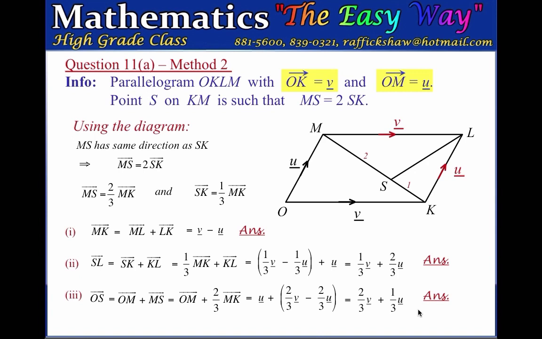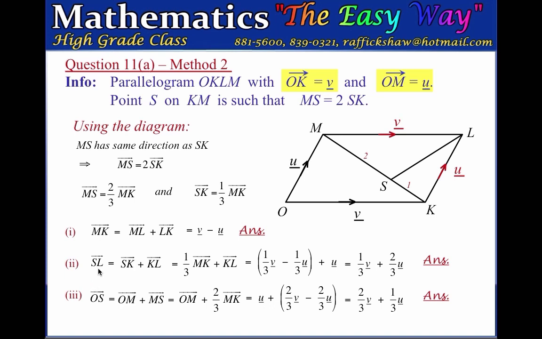I believe some students might prefer to do the question this way, but it's good when we can actually solve a question using multiple approaches. What I want to ask students to do now is actually try to calculate part 2 and part 3 by going in other directions.